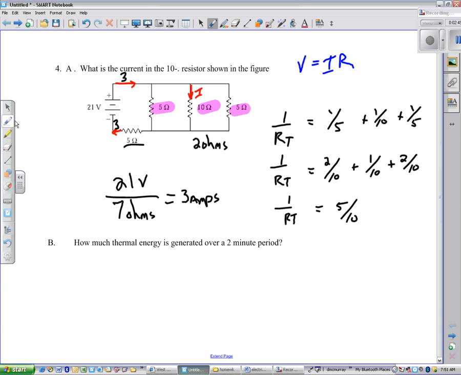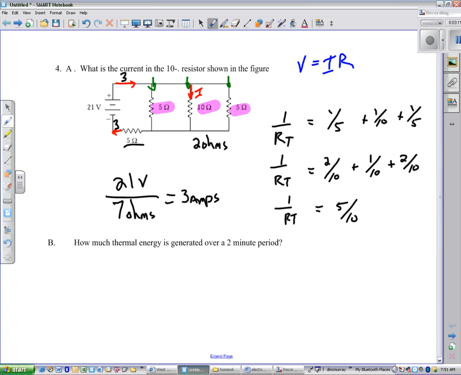But this current has the option of three different paths. It can go down this branch, it can go down the 10 branch, or the other 5 branch. Well, what's the relationship between 5 and 10 ohms? This is a tricky part. The 10 ohms offers more resistance and therefore gets less flow.